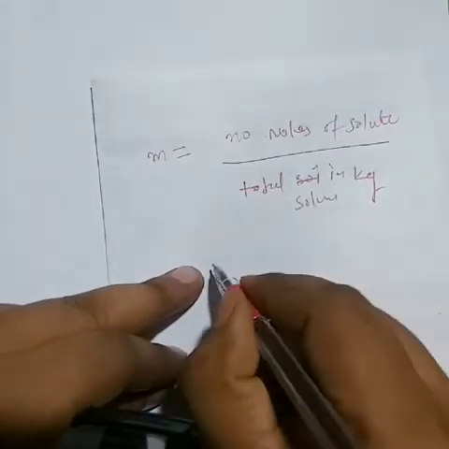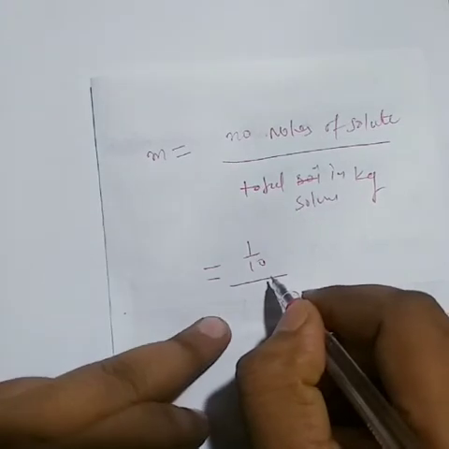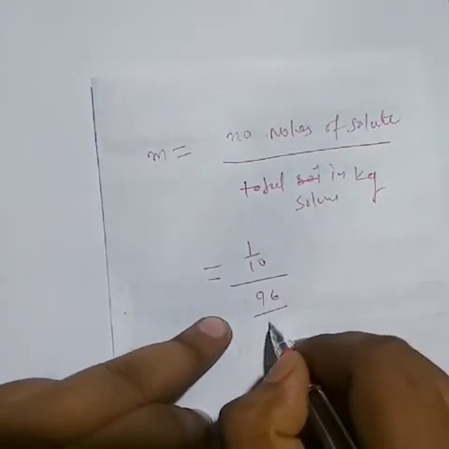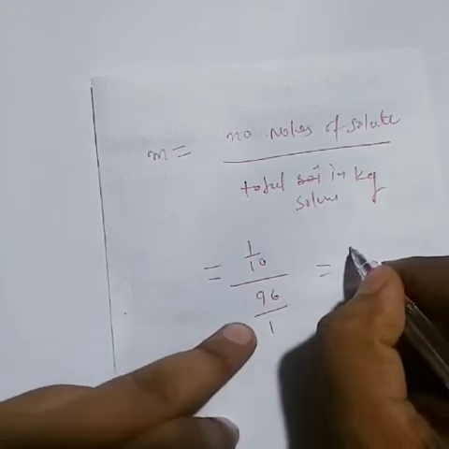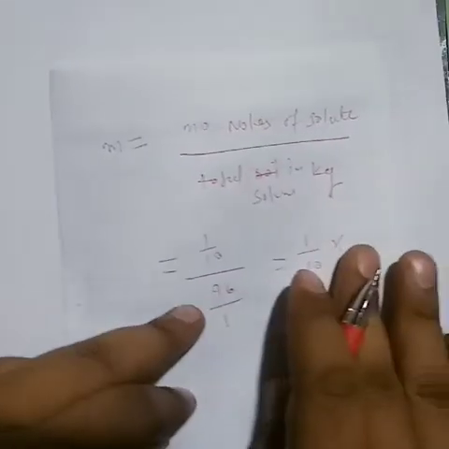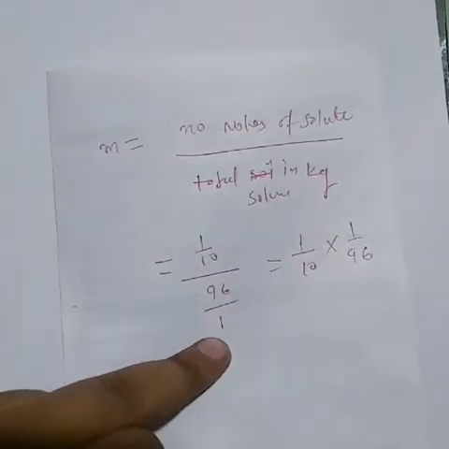So now put in the value 1 upon 10 upon how much is there, that means 96 upon 1. So finally what we get, 1 upon 10 into 1 upon 96.